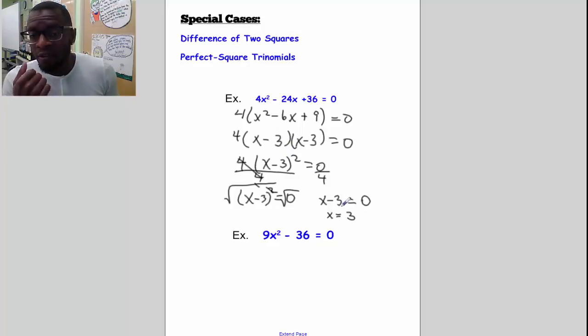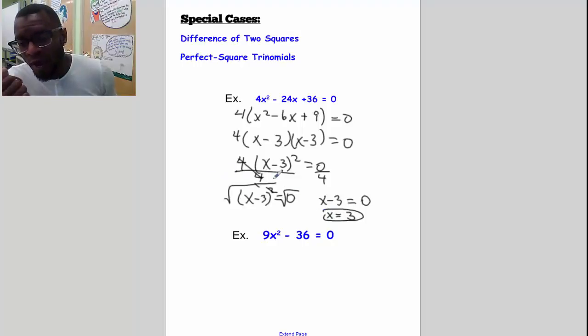How we refer to that is that we have a solution x equal to 3 with multiplicity of 2. Multiplicity means that this solution occurs twice. The way I would write this in set notation is curly brackets and 3, and this is called a singleton set.